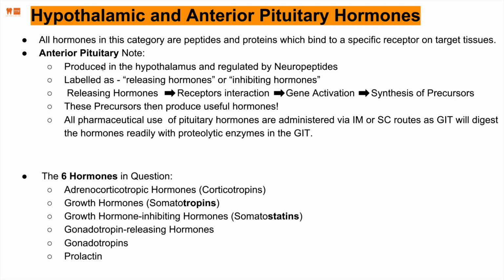So all hormones in this category are peptides. In other words, they're proteins, which bind to a specific receptor at the target tissue and then they act. Very simple concept. So in the anterior pituitary, the hormones are produced, very important, in hypothalamus. And then of course regulated by neuropeptides, which is just messengers. They are labeled as releasing hormone or inhibiting hormones.